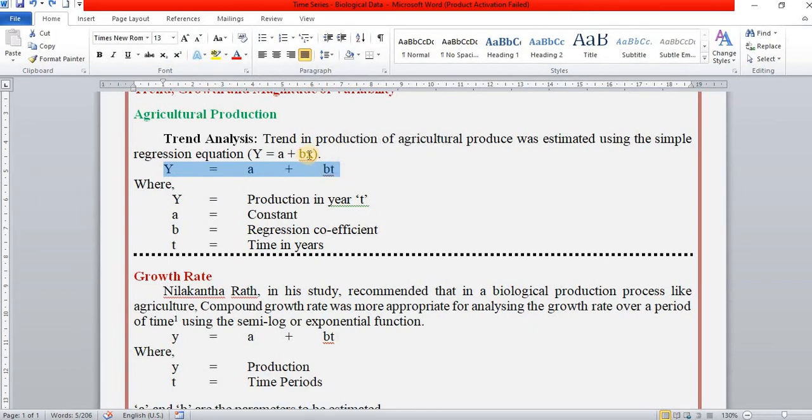The x is the independent variable, but here the time period, may be 10 years or 5 years or 20 years, depends upon the analysis, is taken as the independent variable, and the production or area or productivity may be the dependent variable. In the previous video, I have explained how to analyze the trend.